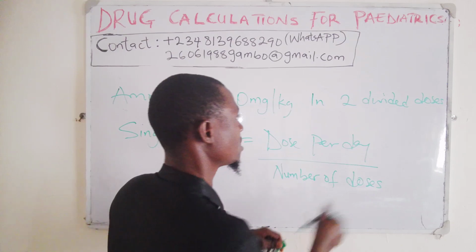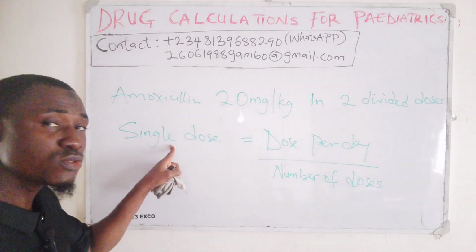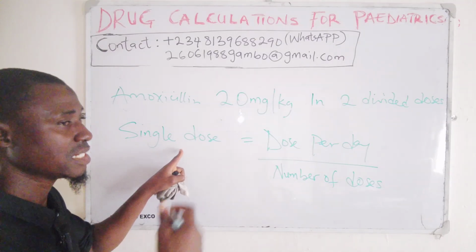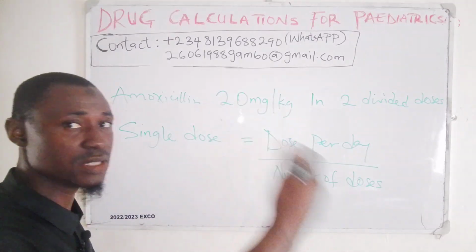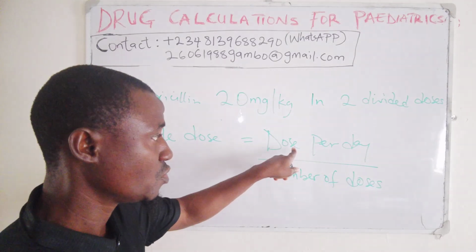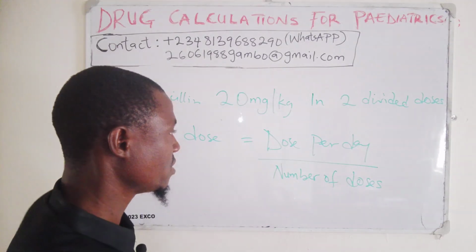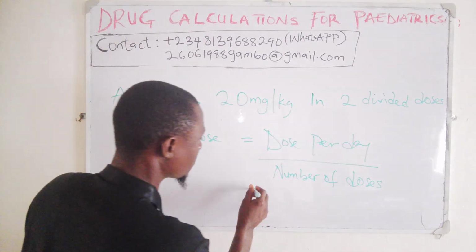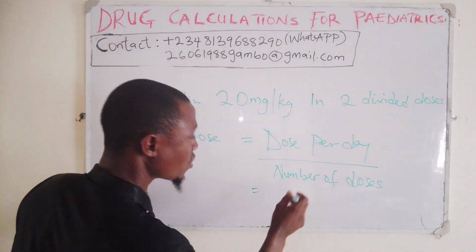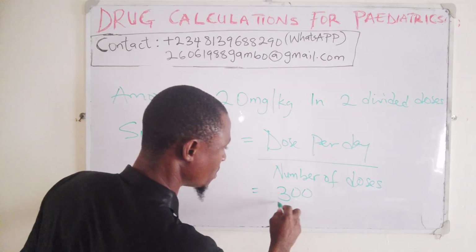So if I have something in two divided doses, I can use this formula to get the single dose. Once I obtain the single dose, I can use it to get the dose I'll be giving subsequently. Single dose is calculated as dose per day over number of doses. Let's quickly use this same dose. We calculated earlier that the dose per day is 300 milligrams, so our dose per day will be 300.